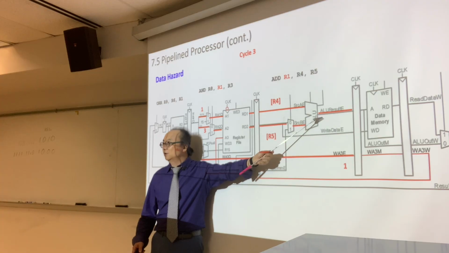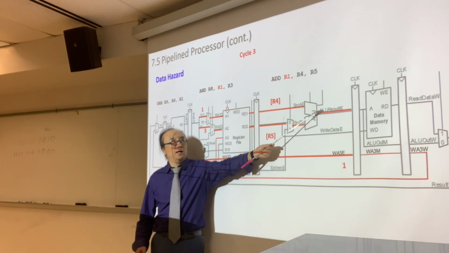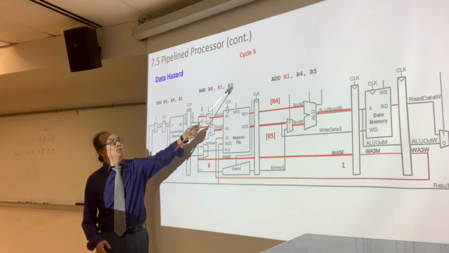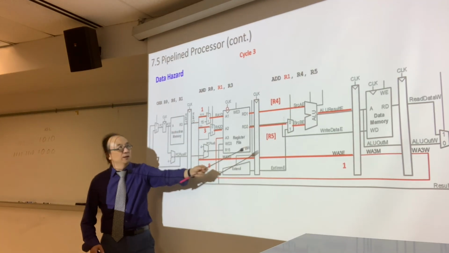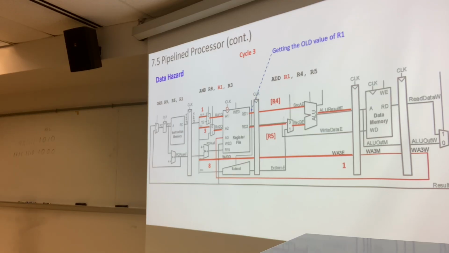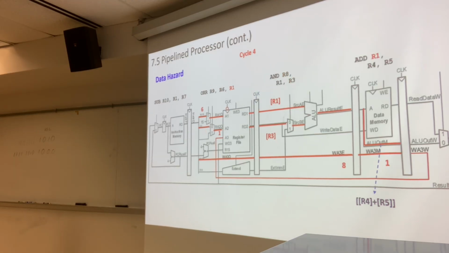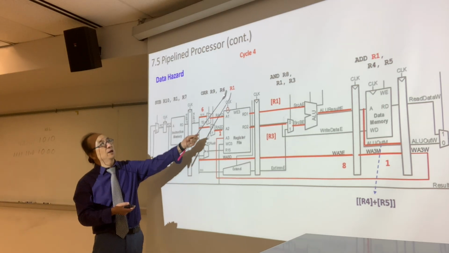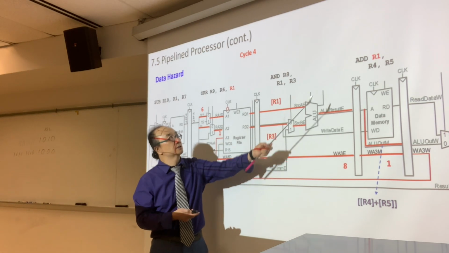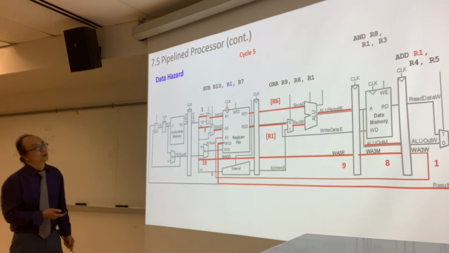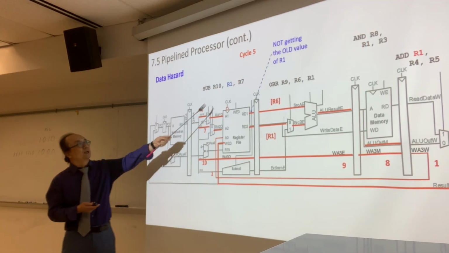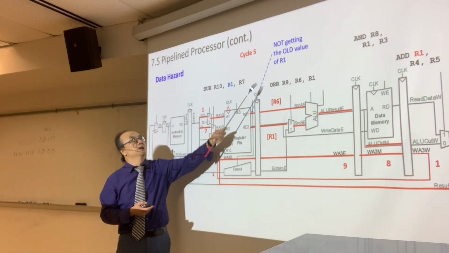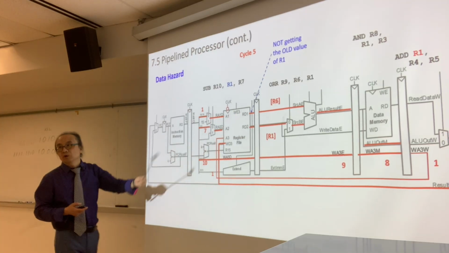So what we need to do in this case, we're gonna have a forward unit from here to here. If we are using R1 as RM, then from here to here. So we're gonna be getting the old value of R1 right there. And in the 4th cycle, again, we have a problem because that's the old one. But in the 5th cycle, we're gonna update it. So this one is okay because we write first and then read. So we are okay with that one.